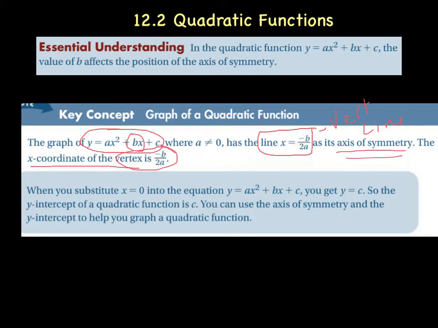The other thing we'll notice is that if we substitute 0 in for x into our function, then we'll get y equals c, which means that the y-intercept of the graph is always going to be that value of c, that constant at the end of the function. So between knowing the y-intercept and being able to find this axis of symmetry, that will aid us in graphing the standard form of these quadratic functions.